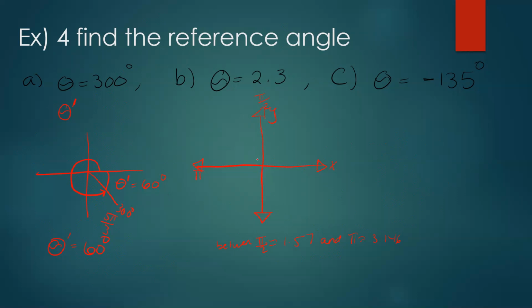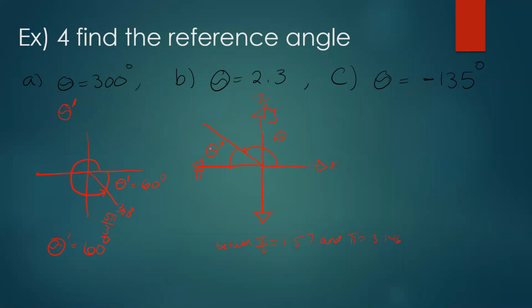So 2.3 should be right in the middle. Here's pi over 2, and here's pi. So it should be right here. This is my theta. This is what we want to find, our reference angle, which you can abbreviate as theta prime. So how would you do this one?